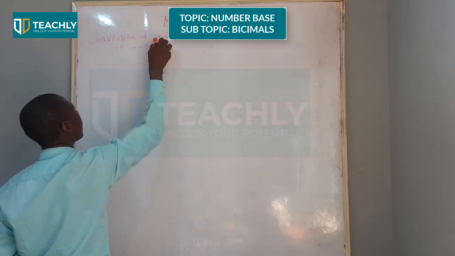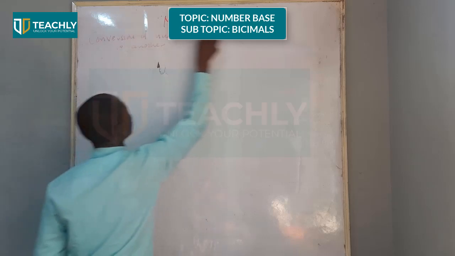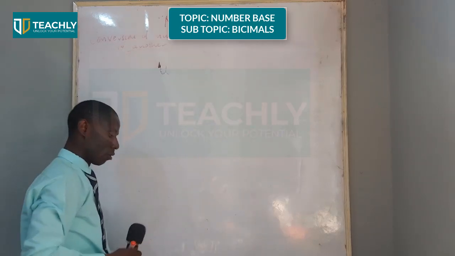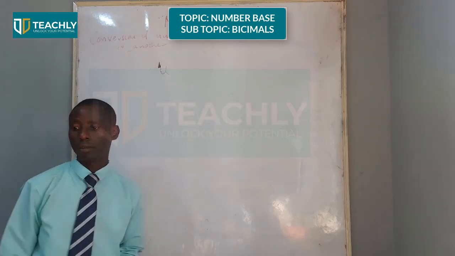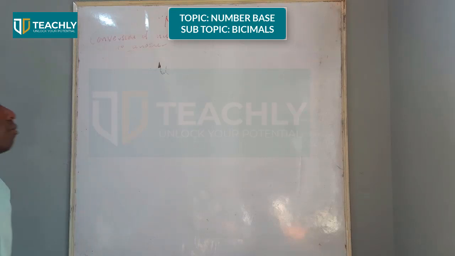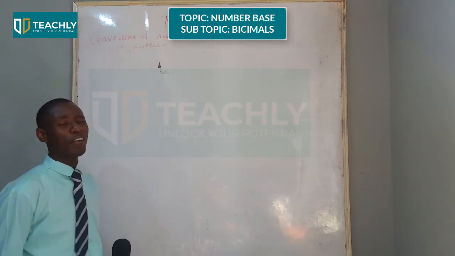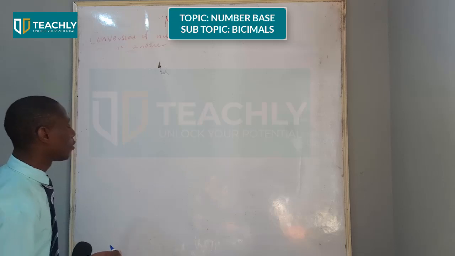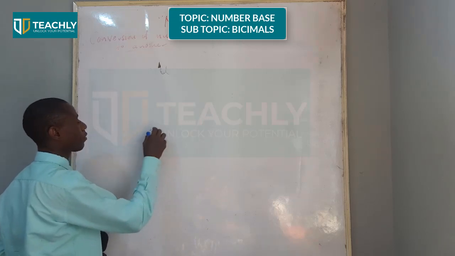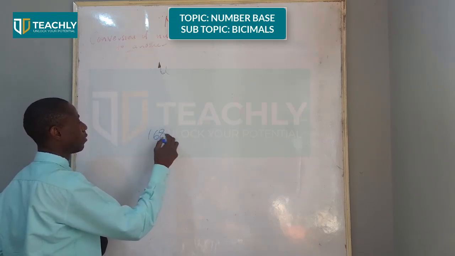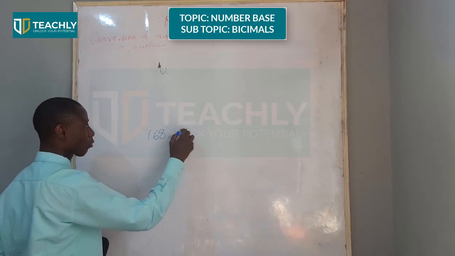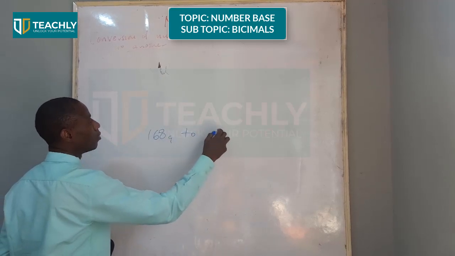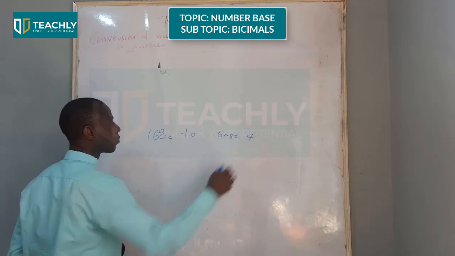What does this mean? It means you can convert directly from one base to another. Let's say you are given a number like 168 base 9, and you have to convert to maybe base 4.